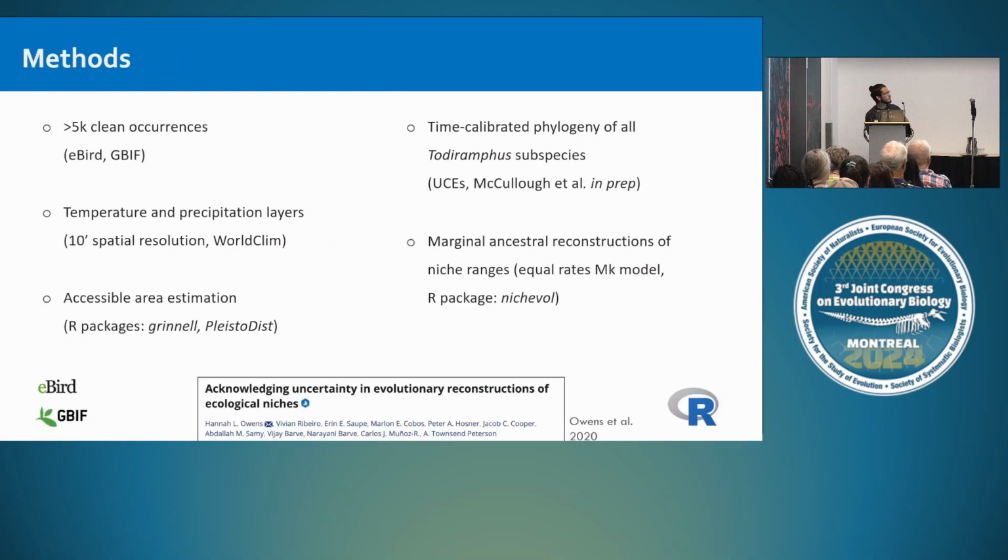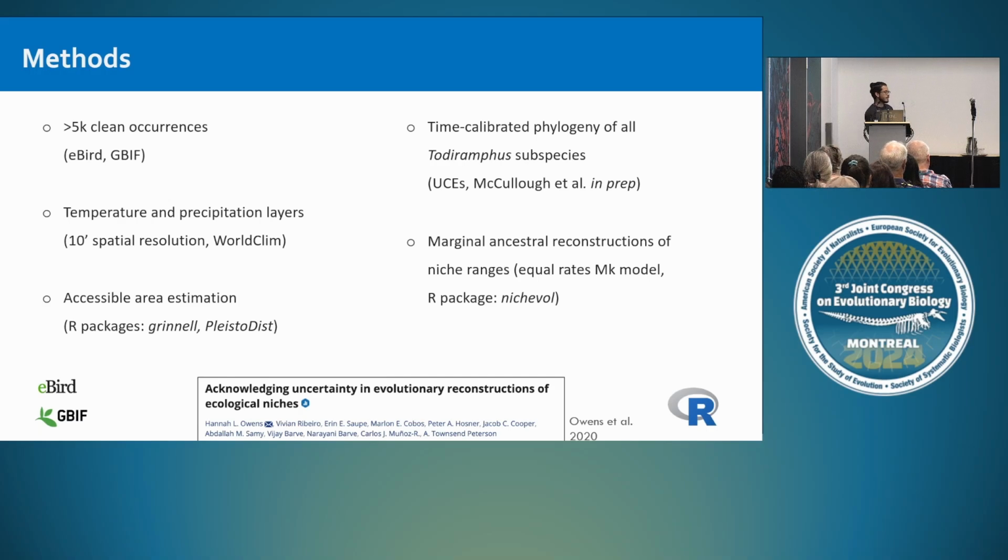Here I'm summarizing some of the methods. I'm glad to talk more about this in detail later, but basically we took a bunch of occurrences from repositories. I analyzed here two environmental layers, temperature and precipitation.